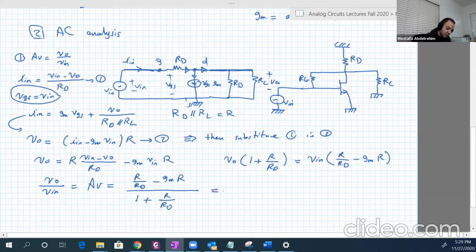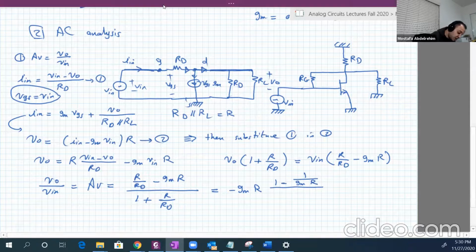We can take minus GM R as a common factor, and remember R is RD parallel RL. And this will give us 1 minus 1 over GM RG. Oh, I'm sorry. This is RG, not RD.